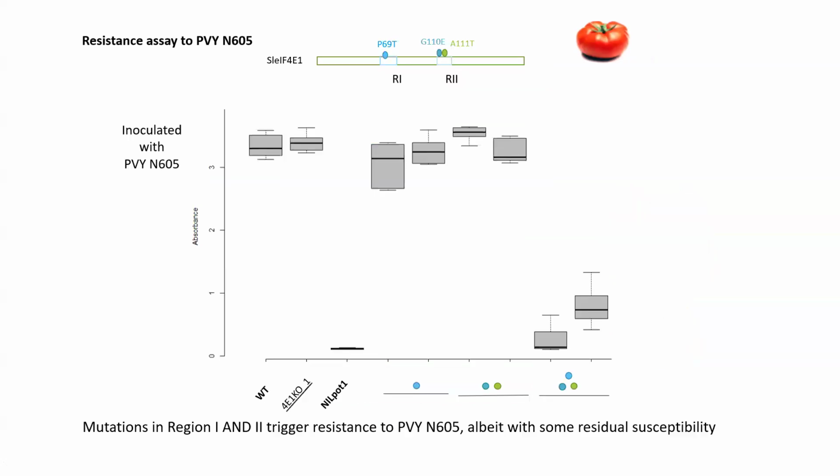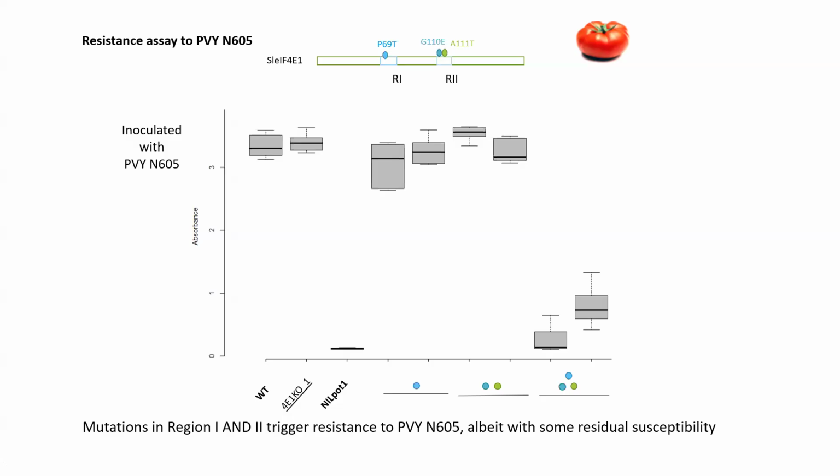And then we checked for resistance to viruses, to a very good isolate of PVY, N605, which is quite a stringent isolate for tomato. What we found was, you can see here, ELISA data that just show the level of accumulation of viral protein in infected tomato.